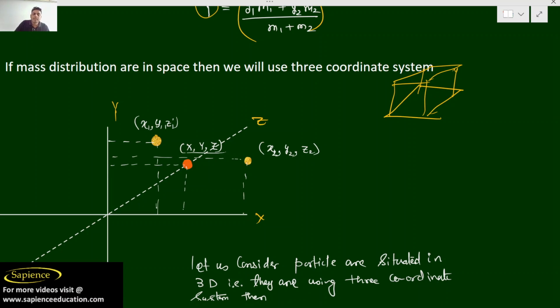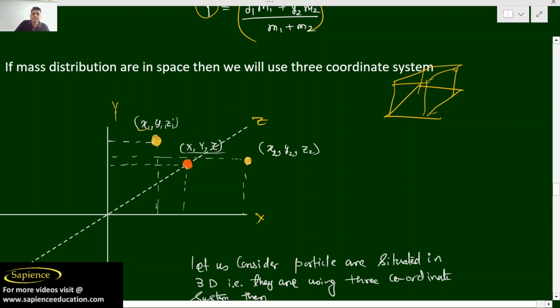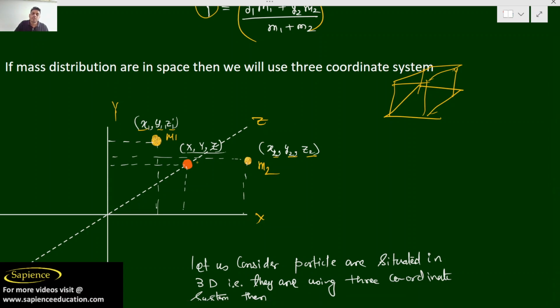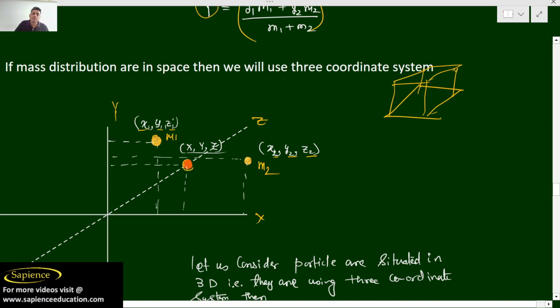Let us consider this object m1 has a position x1, y1, z1, and this other mass, m2, has a position x2, y2 and z2. Let this orange color denote that x, y and z are the position of the center of mass. So we need to find finally x, y and z. How will you find them?